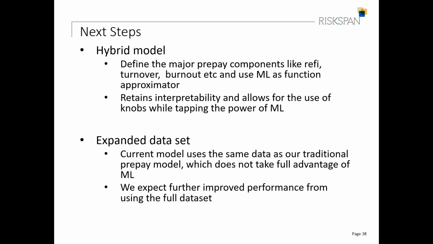But we could take a more active approach to these elements of prepayment that we know about. We could derive what we think is a cumulative refi incentive field and actually have that as an input feature to the neural net, and thus take a more hybrid approach where we're actively constructing these input fields that we think best capture prepay behavior.